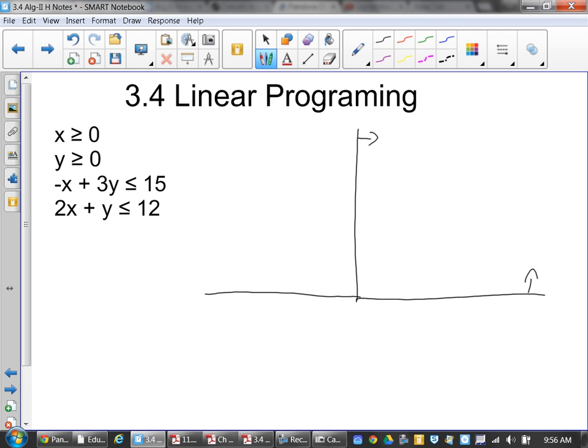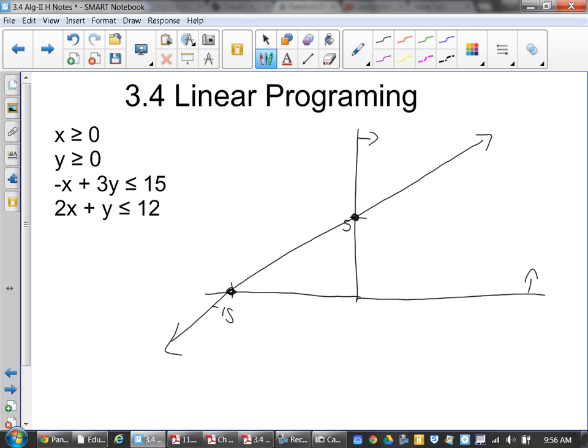I have a y-intercept of 5 and an x-intercept of negative 15. So 5 is here, negative 15 is here. When I connect these two, it's solid. Everybody okay with that? Now I have to test it to know what direction it's got to be shaded.